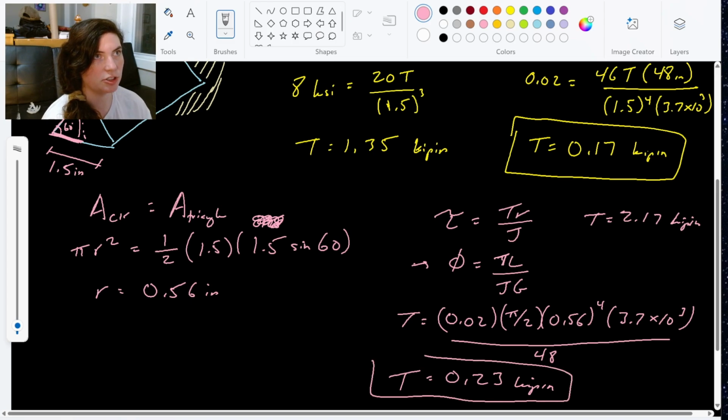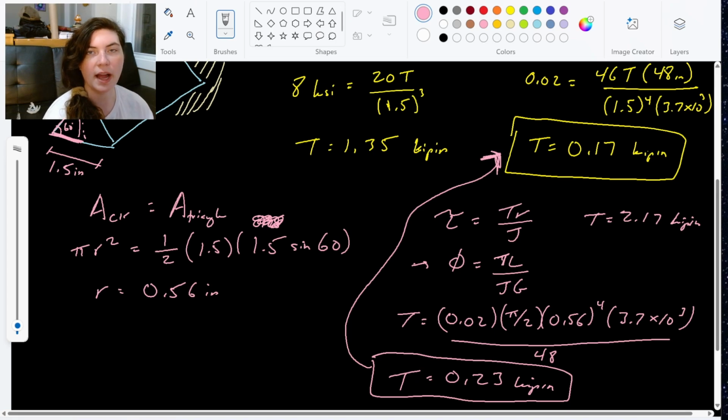For my circular shaft. As you can see, this is another big reason we really like circular shafts. We can get more torque out of them. This exact same shaft, if we would have just made it a circle, is not only really convenient because it's axisymmetric and even on all sides, so it slides nicely into other shapes, but it's also just more efficient.